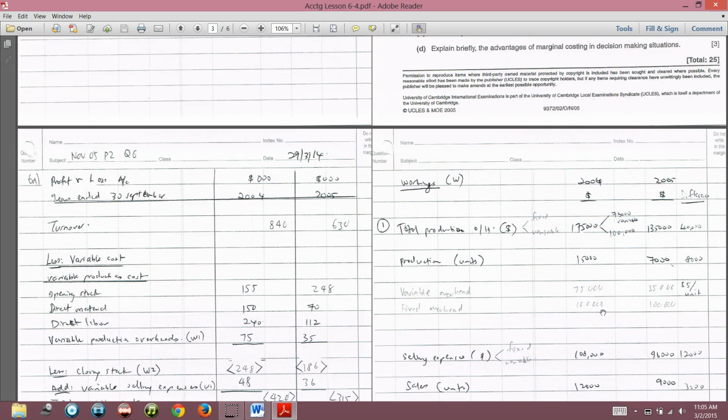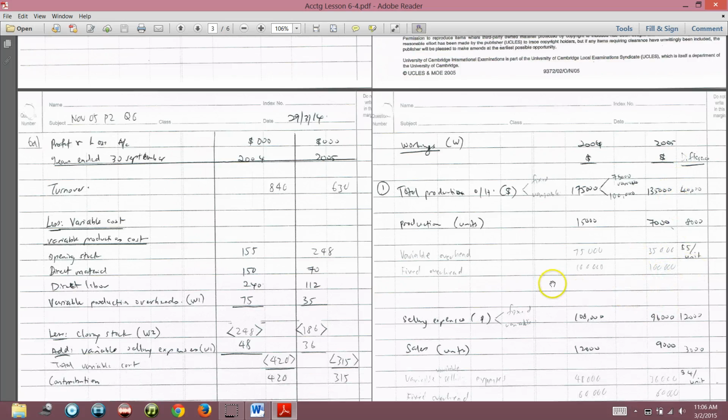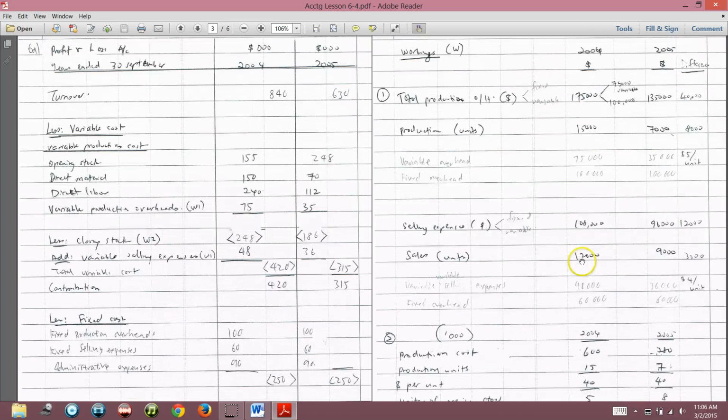This is something like PSLE mathematics. So we are using our knowledge from the mathematics that we learned in this accounting paper. Similarly, for 135,000, 35,000 is variable production overhead, so fixed production overhead is 100,000. So we have gotten our fixed production overhead figure. We put it here, 100,000.